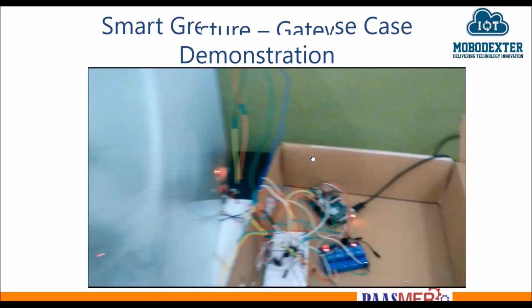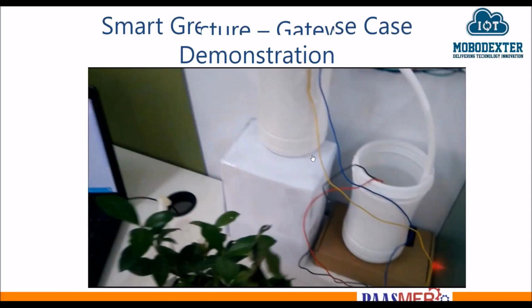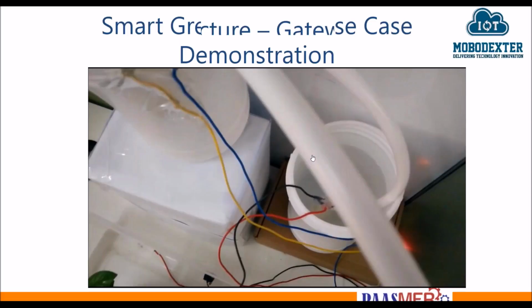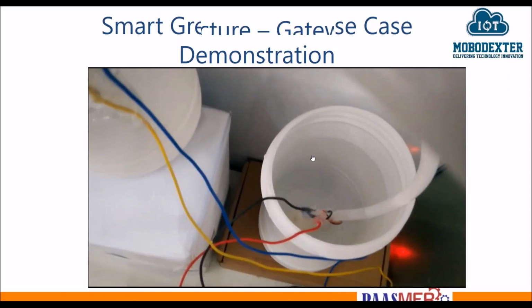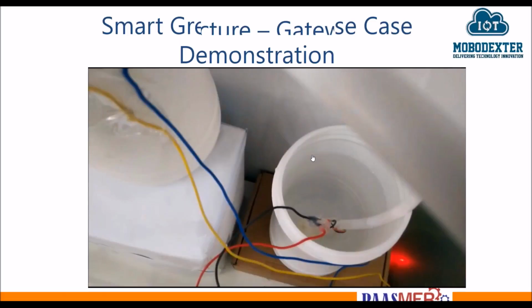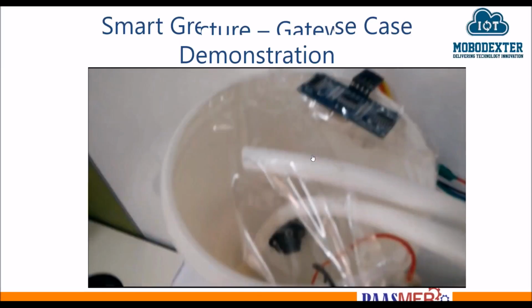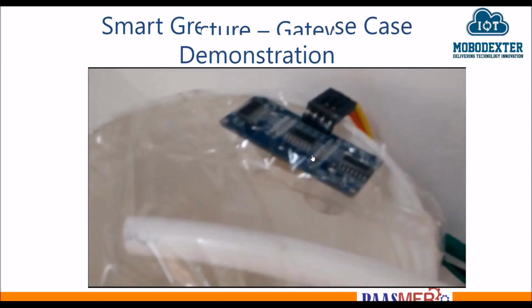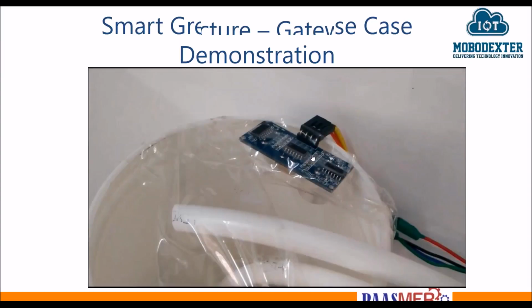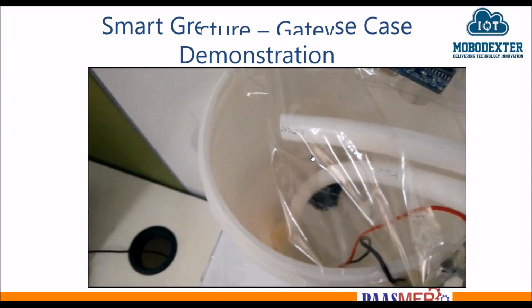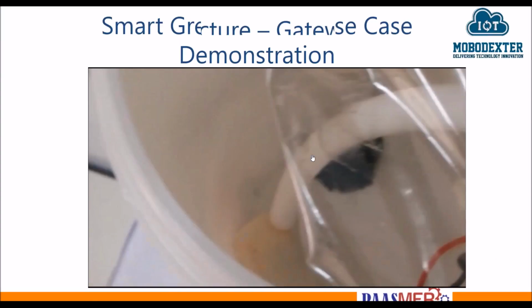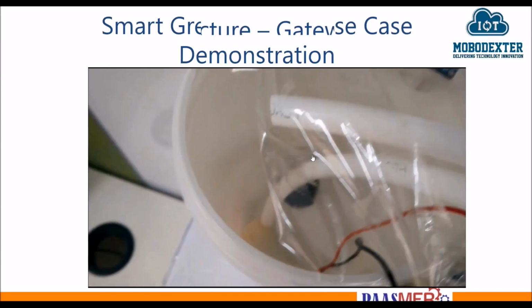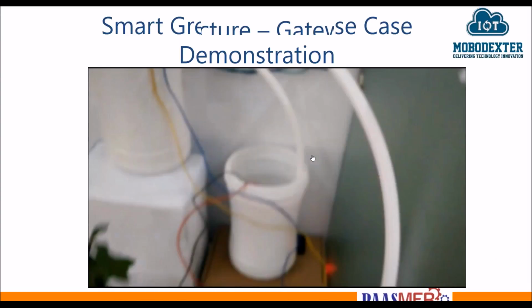And in this POC setup, you can see, we have a pump motor to pump water from sump to water tank. This can be controlled based on the water level sensor. We have another motor for water sprinkler to water the plants. This can be controlled based on the soil moisture sensor.